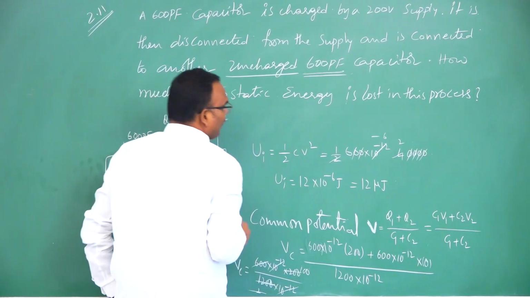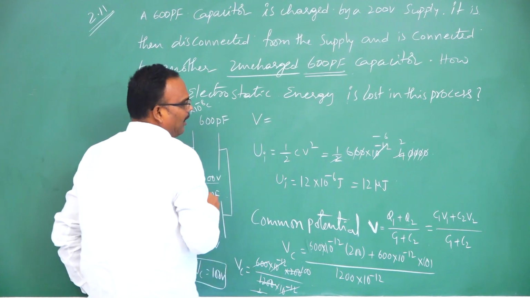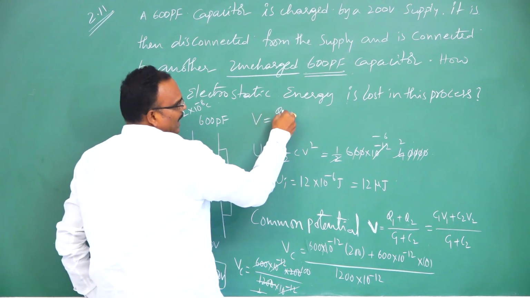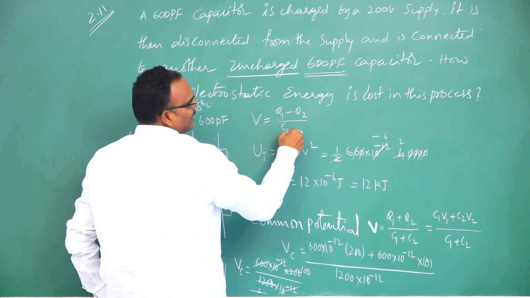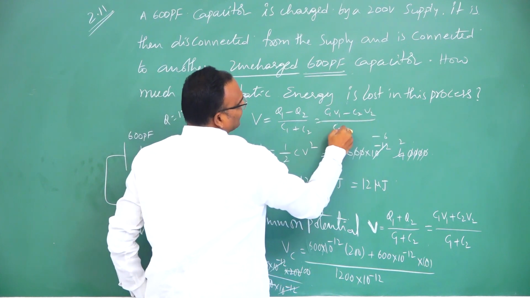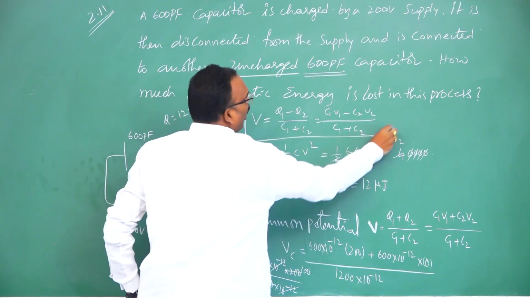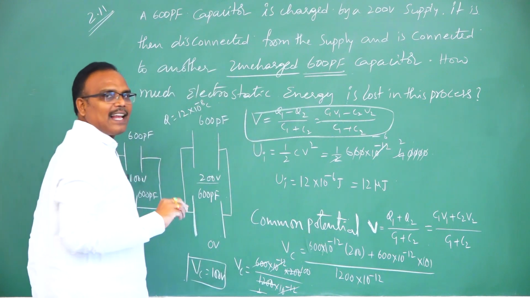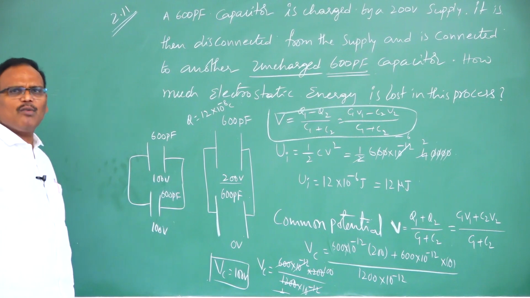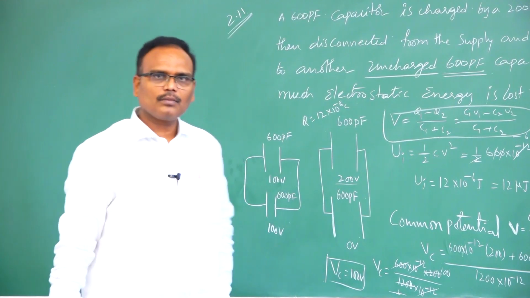Only in the numerator. Common potential, when unlike plates are connected, the formula is Q1 minus Q2 by C1 plus C2, that is C1 V1 minus C2 V2 by C1 plus C2. This is a very important point. Which plates are connected is very important. Here uncharged, there is no ambiguity at all, Q2 is 0.